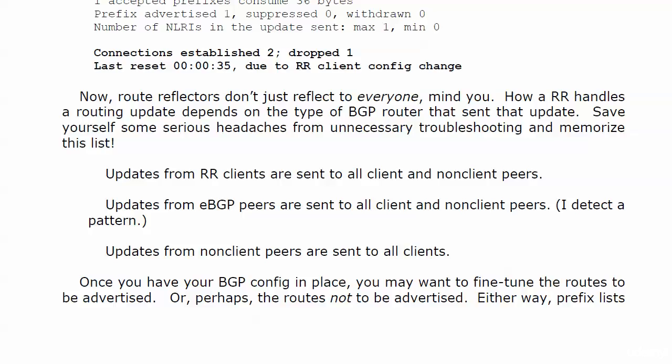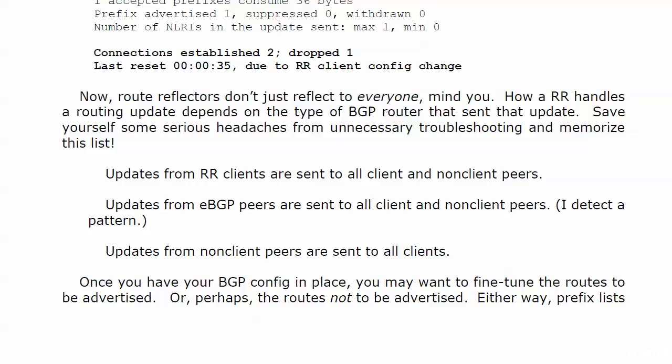Now, when the route reflector gets an update from a client, it's going to send that to all client and non-client peers. When a route reflector receives an update from an external peer, it's going to send that update to all client and non-client peers. All makes sense so far.